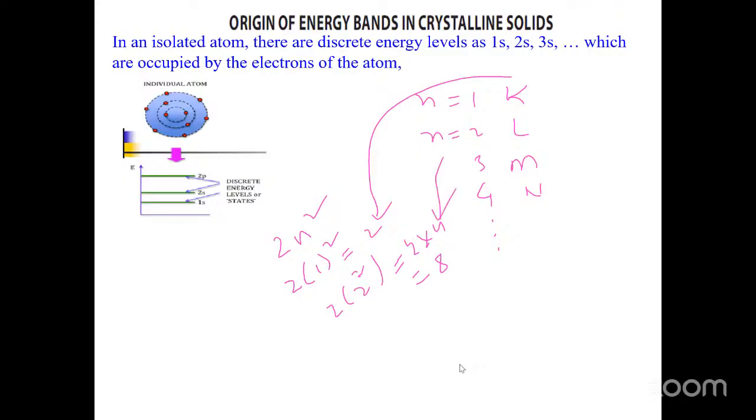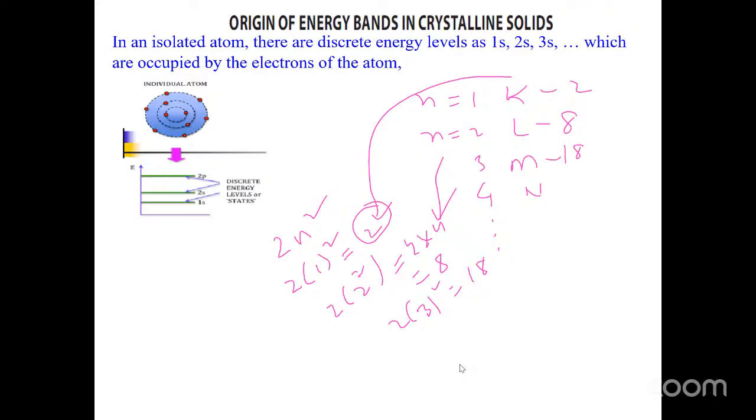The L shell. So the K shell has a maximum of 2 electrons, and here it is 8 electrons. Next is 2 into 3 square, 3 3s are 9, 9 2s are 18. So here it is 18.